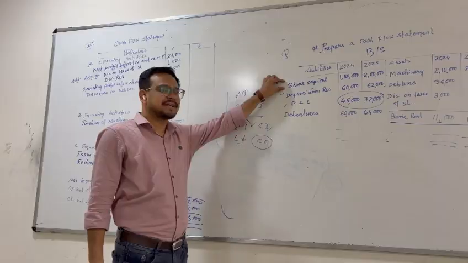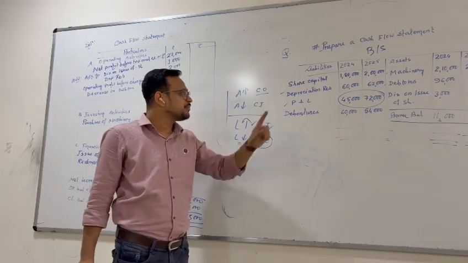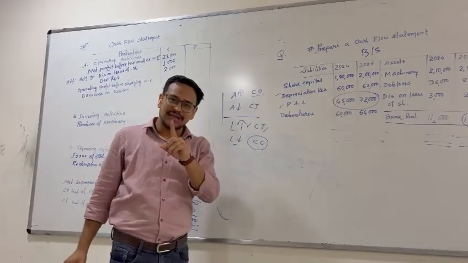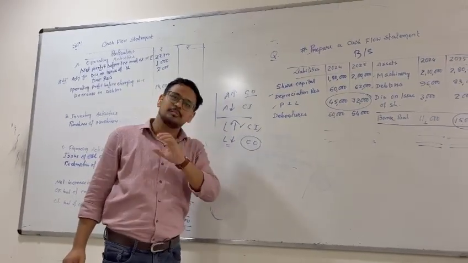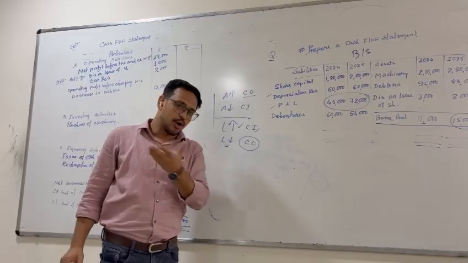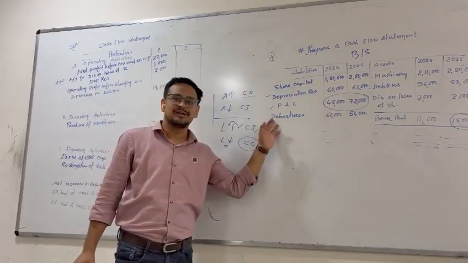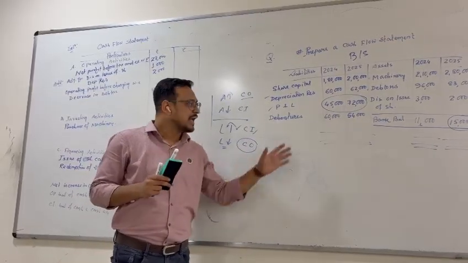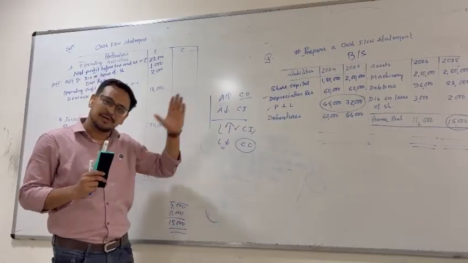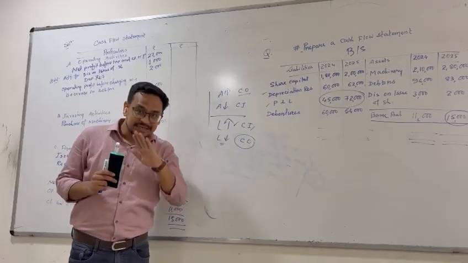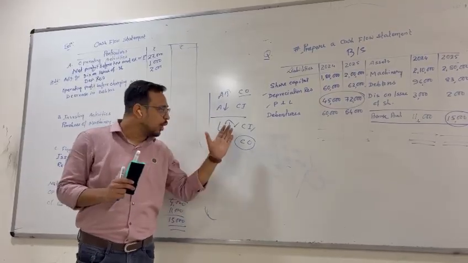So see, this is our balance sheet. From this part, share capital comes to financing activity, debenture reserve is a non-cash item, operating activities. Profit and loss is the net profit before tax and extraordinary item, operating activity. Debenture is the financing activities, and on the basis of this principle, asset increases means outflow, asset decreases means inflow, opposite for liability.